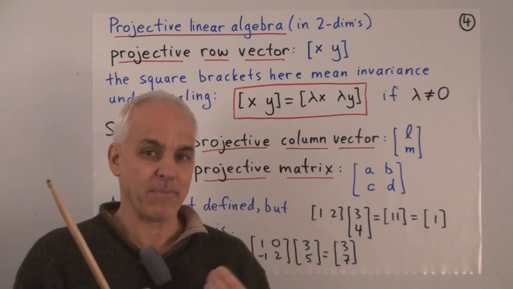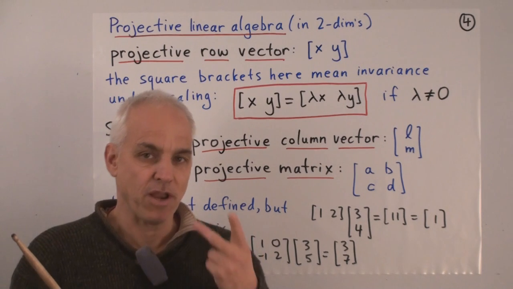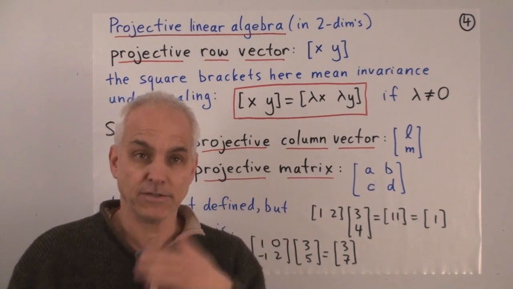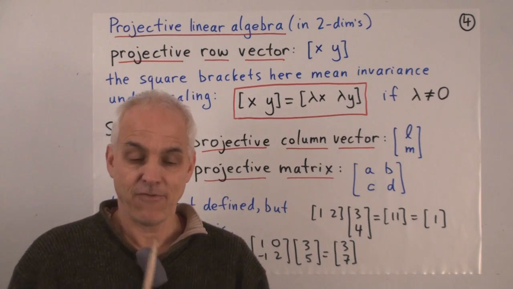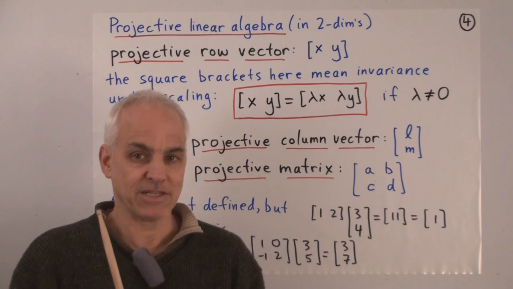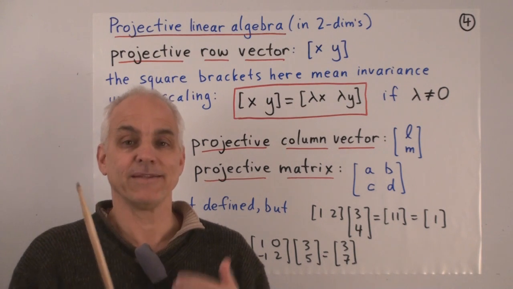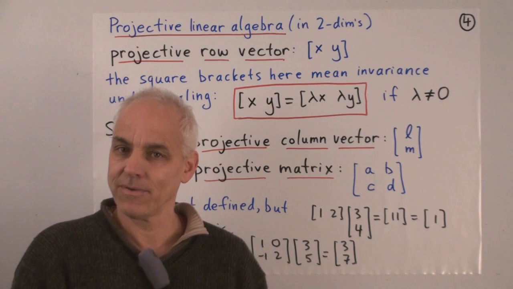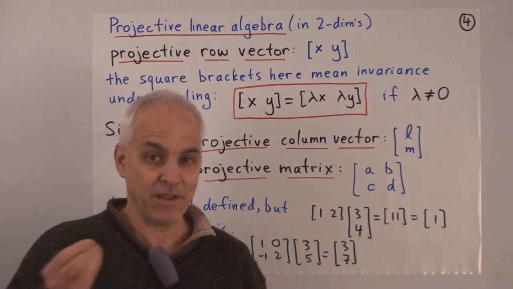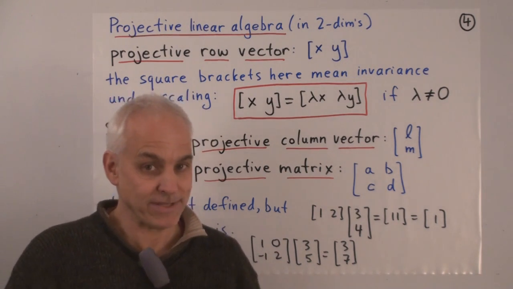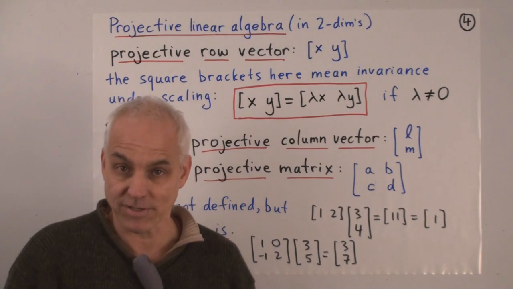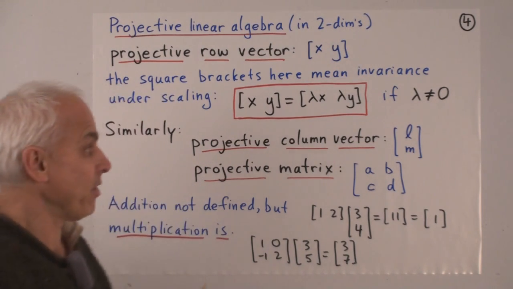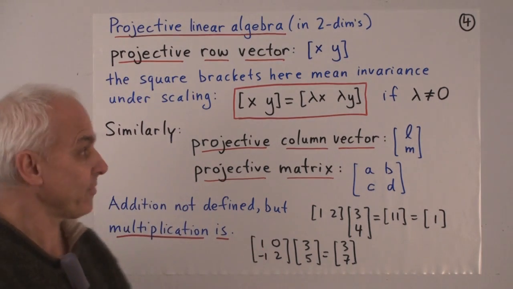This is the same property that a proportion has. The proportion 3 to 2 is the same as the proportion 6 to 4 or 9 to 6. If we multiply both elements by the same number, we get the same proportion. So we want to do linear algebra here with proportions. And that's exactly fitting our framework, right? Because points and lines are in fact proportions. So it's very natural that we want to do linear algebra with proportions rather than vectors.